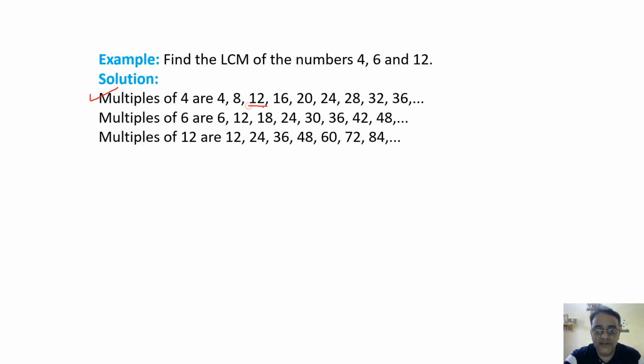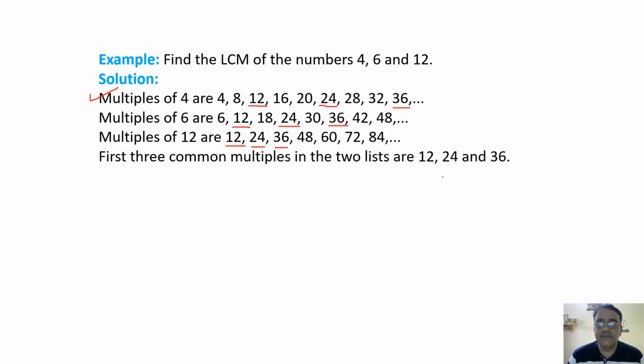So the first common multiple is 12, the second one is 24 and the third one is 36. Okay, common multiples, if you try to find them, will be infinite. But यहाँ पे हमने जो list लिखी है उसमें 3 हैं, right? So the first three common multiples in the lists are 12, 24 and 36.